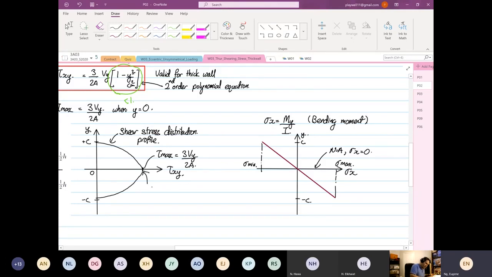At the neutral axis, the shear stress is what? It's actually maximum. Am I right? So over here you have 0. Over here you have its maximum. So when you design your structure, what will you use? One is at a maximum shear, 0 normal stress, and the other one you have 0 shear, maximum normal stress, right? What will you use now?